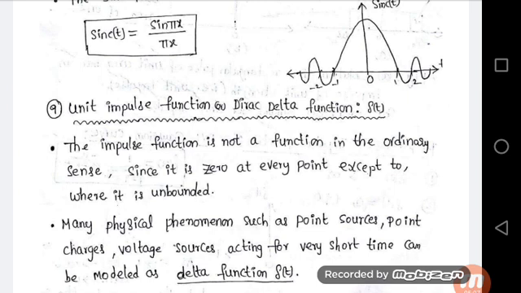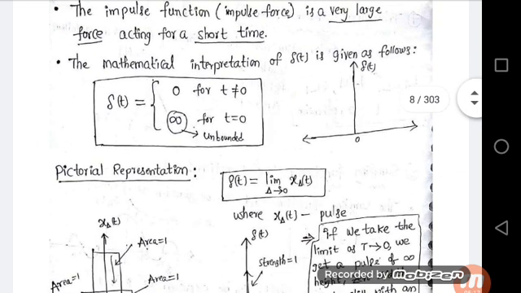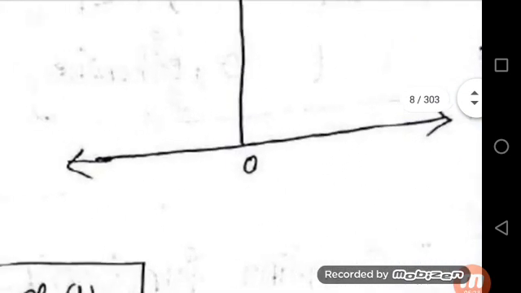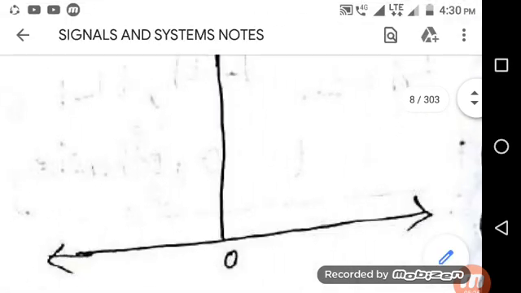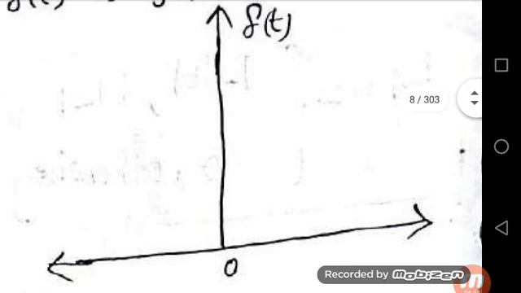Since it is 0 at every point, that's why it indicates 0 when we are seeing the waveform. It is an impulse response function.